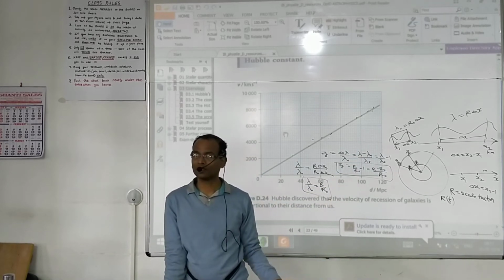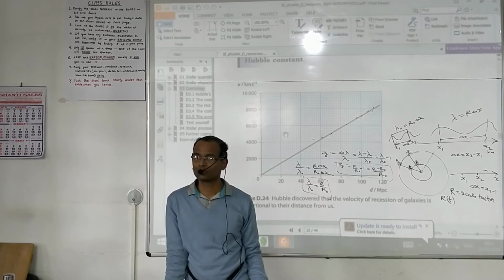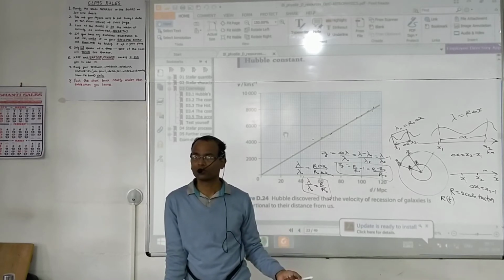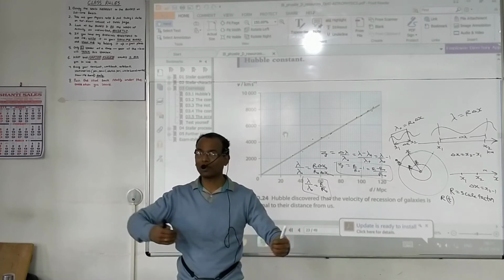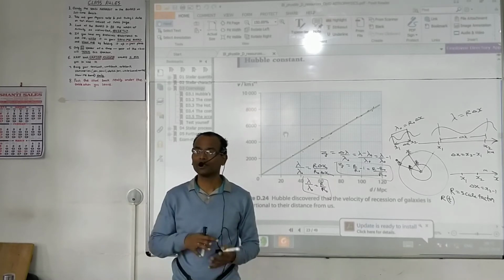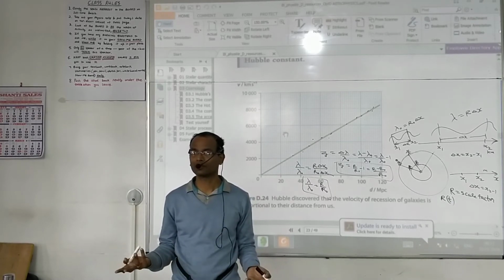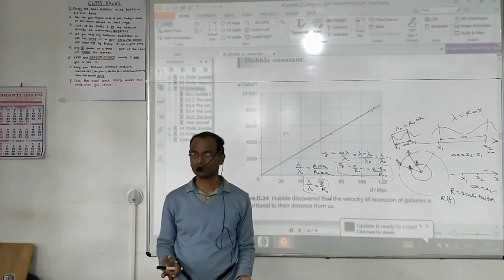So then, is a galaxy moving faster than light? It's not possible. Then how is it happening? The answer is that nothing is moving. The space is expanding, and space is empty space. Space can expand at any speed, it doesn't matter. Only real stuff cannot move that fast.